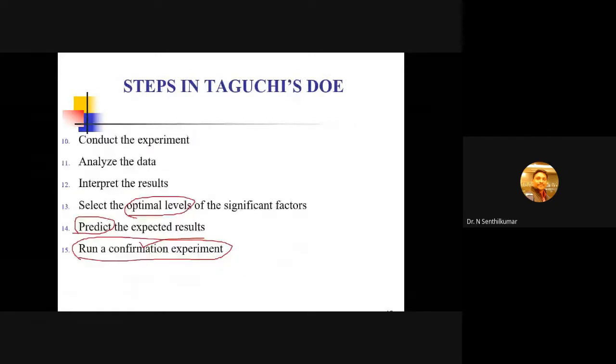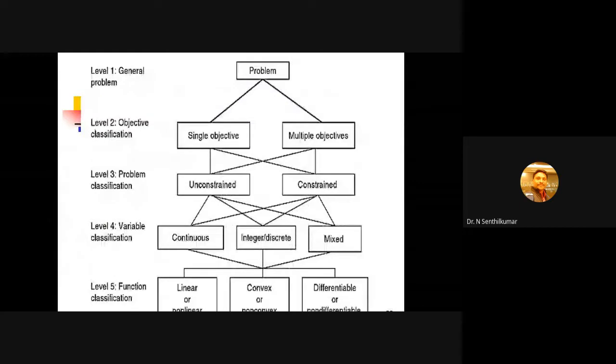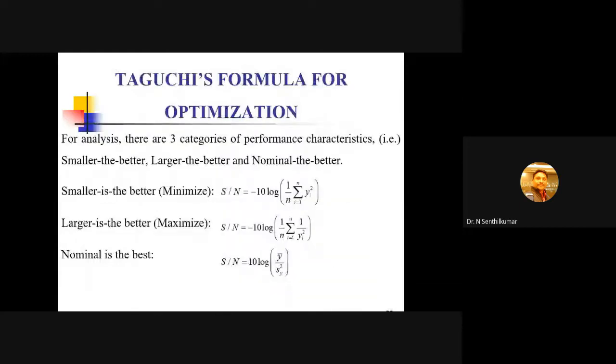In Taguchi's approach, these three formulas are very important. So this is my objective: smaller is better. For example, the residuals in your study have to be as low as possible, but the removal efficiency has to be higher.